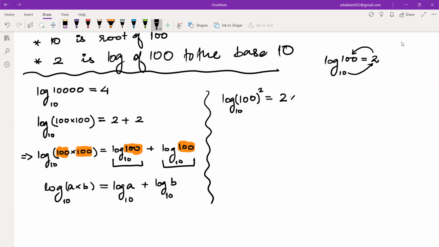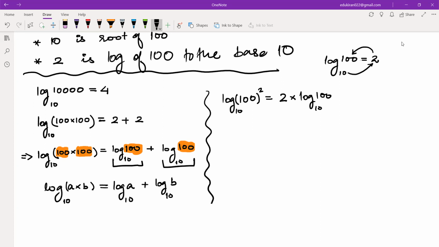This will be equal to 2 into log of 100, yes or no? Okay, we could also do it this way. I can write 4 as 2 into 2, and I will write one of these two as log of 100 to the base 10. Any problem, Hiba? No problem.